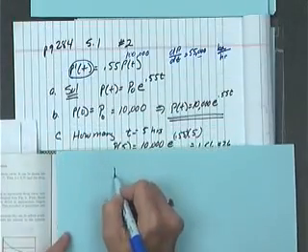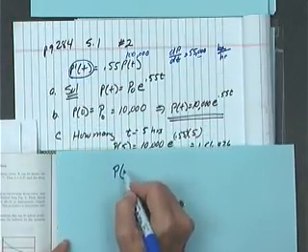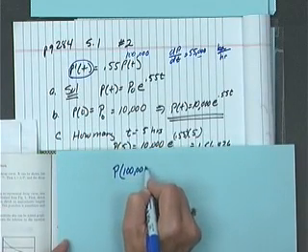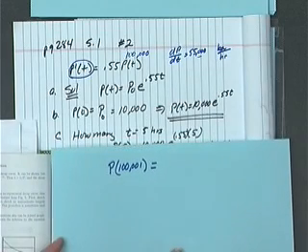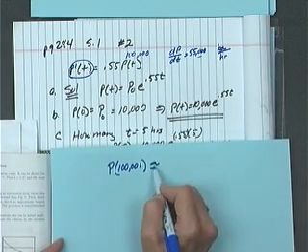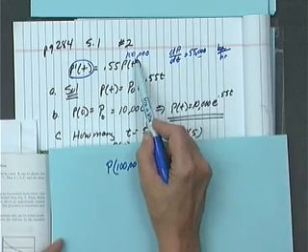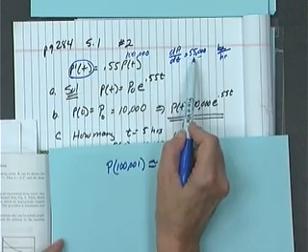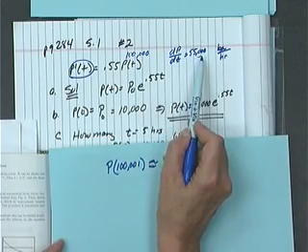So tell me what you think P of 100,000 would be equal to. Approximately equal to. If you're at 100,000, the derivative at 100,000 is 55,000.